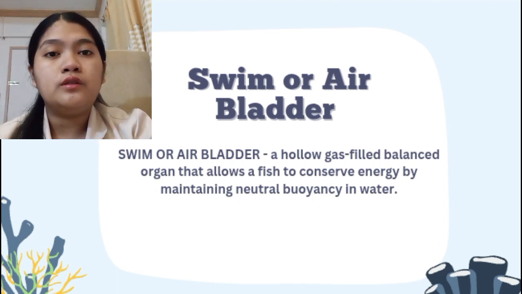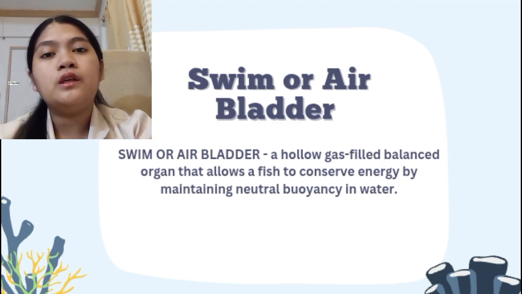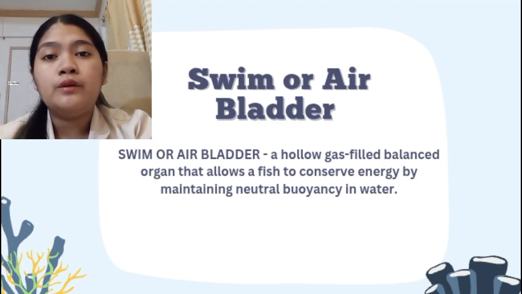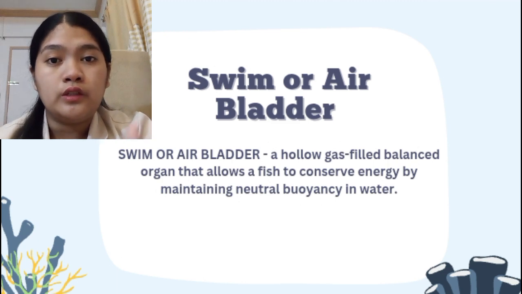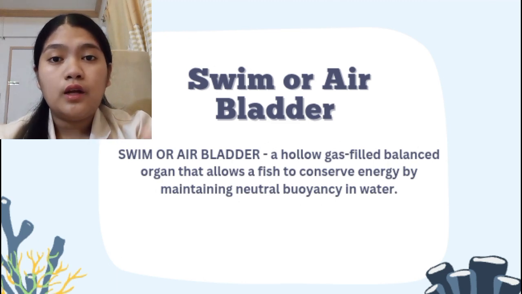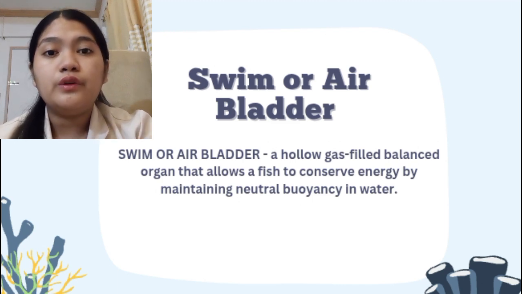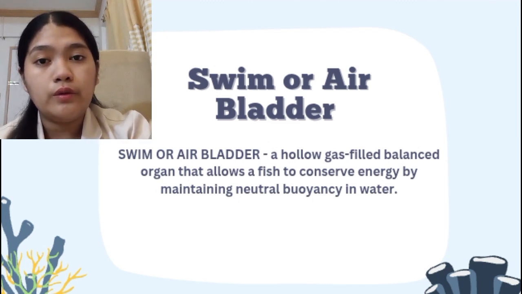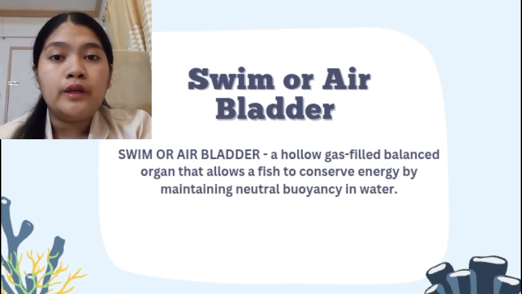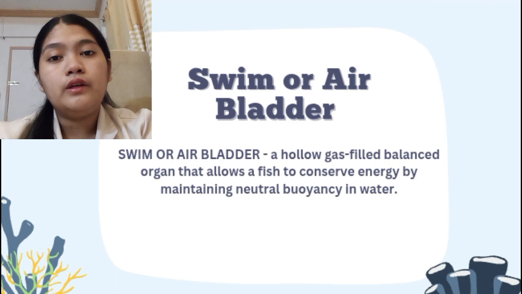The more oxygen the sac holds, the more buoyant the fish becomes. Conversely, when the bladder releases oxygen, the fish becomes less buoyant, which allows it to sink to deeper water. The fish can use the swim bladder to suspend itself in the water, thus saving energy.